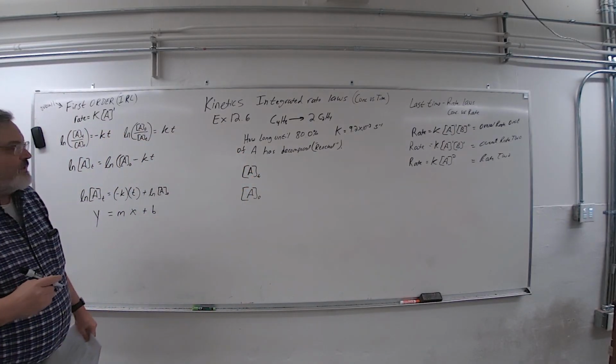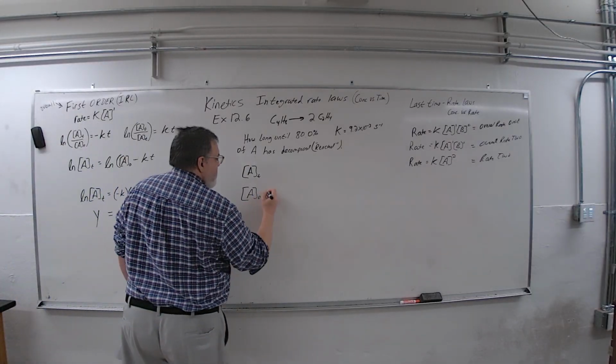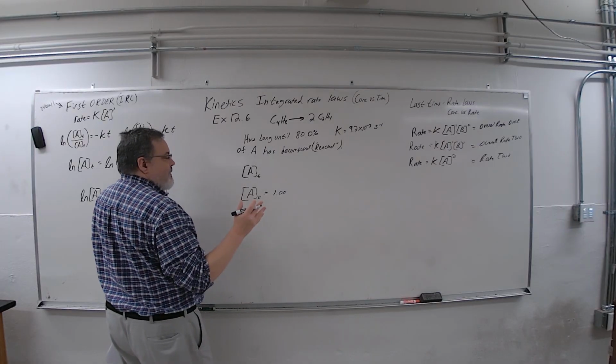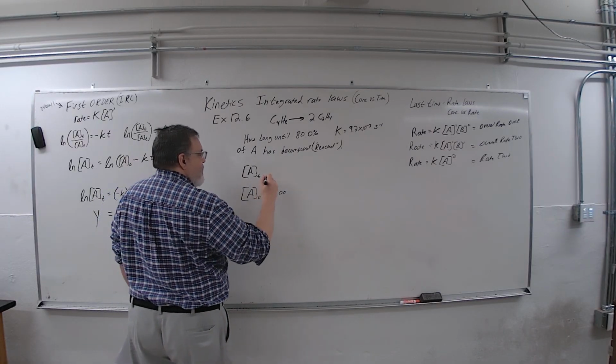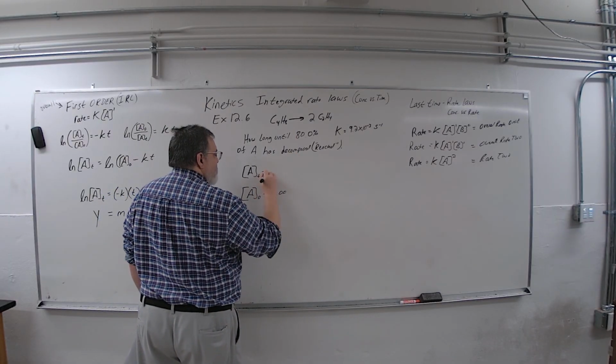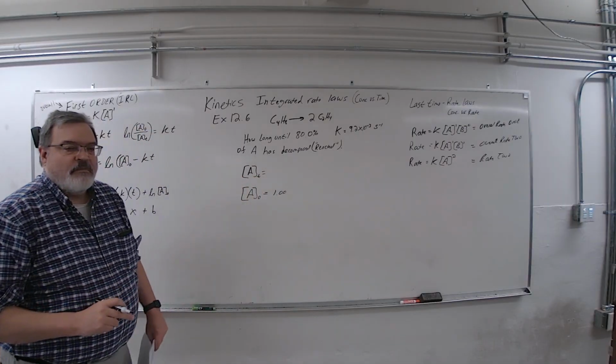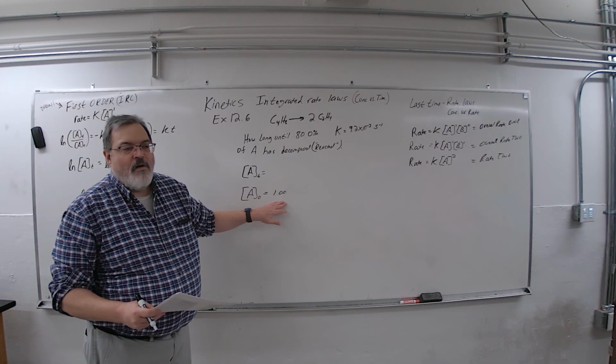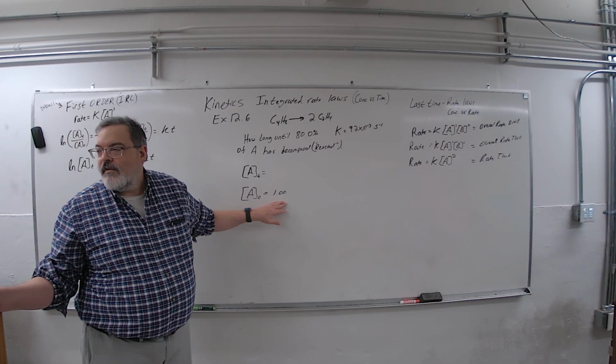Since it says 80%, I can just assign the initial concentration as 1. I guess that'd be moles per liter, but I'm just going to say that's 1. If it decreases by 80%, what's the new concentration? By fraction, 8 over 10?